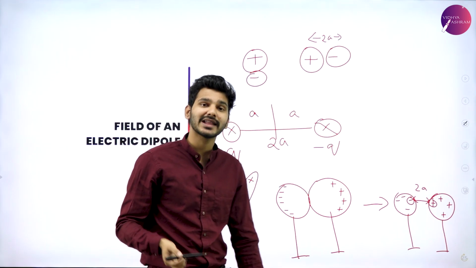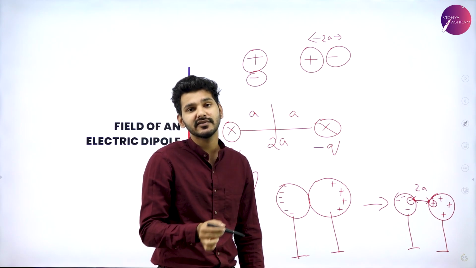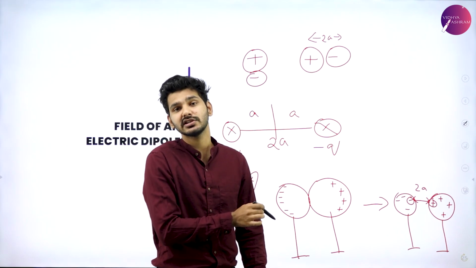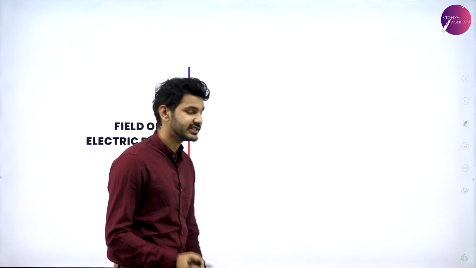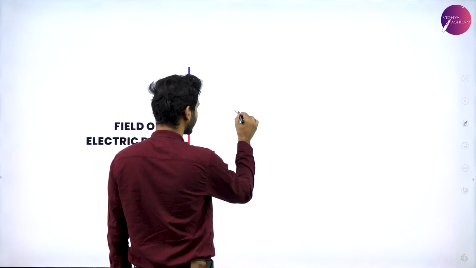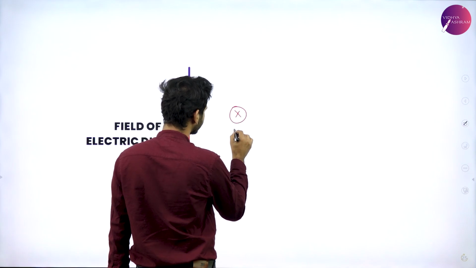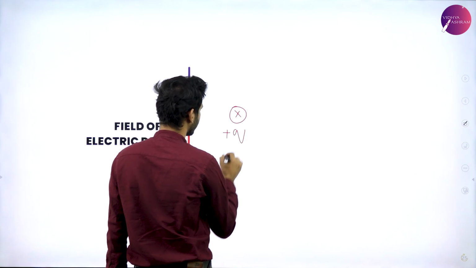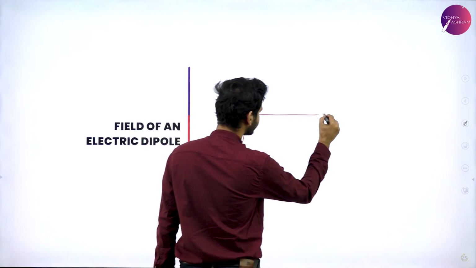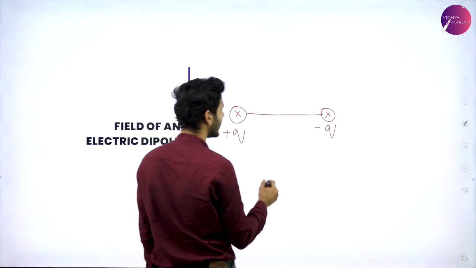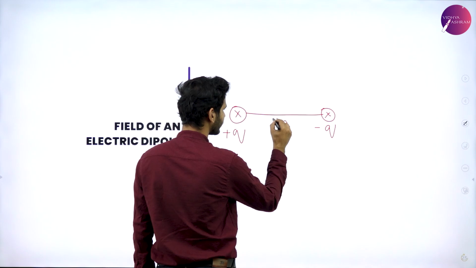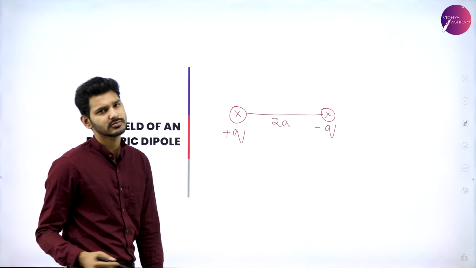So we are going to mathematically find what is the relevance of a dipole in connection with an electric field. In order for that, we are going to consider a dipole, let's say plus q and minus q, the distance between them being 2a.